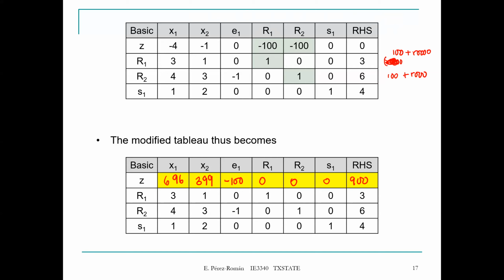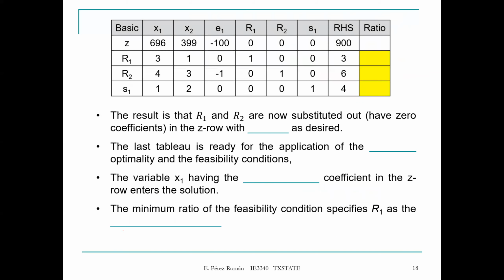So now we have the identity matrix that we were searching for to identify our initial solution. The result is that R1 and R2 are now substituted out, have a 0 coefficient in row 0 with z equals 900 as desired.